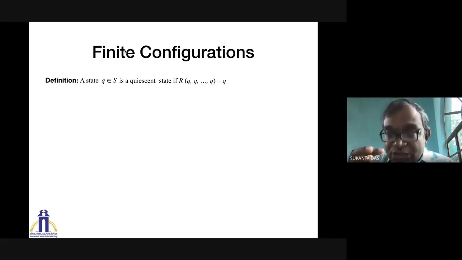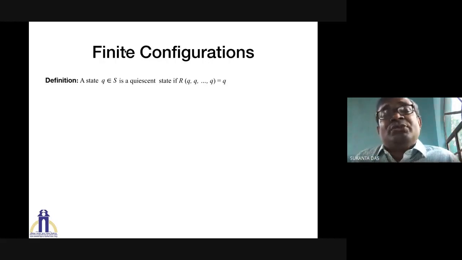If a cell finds that all of its neighbors are in state Q, then the cell itself remains in state Q. So there is no transition.